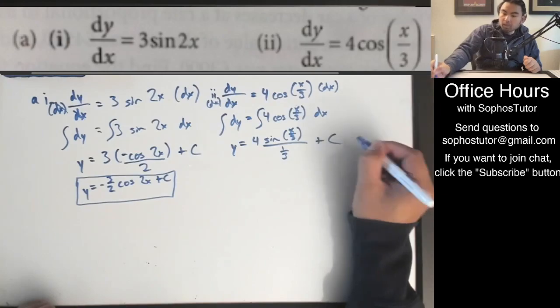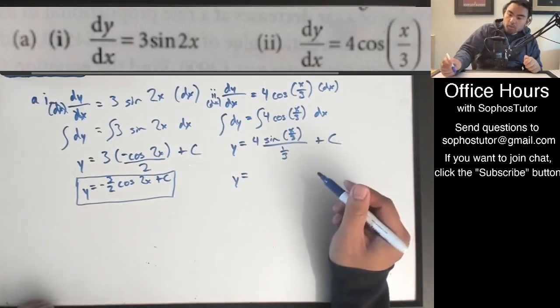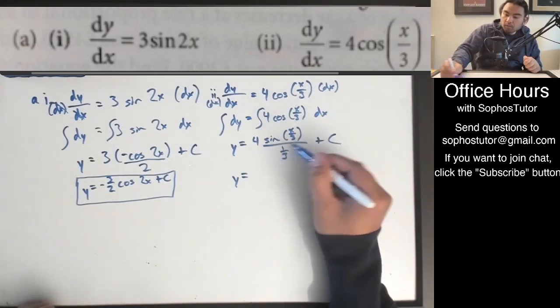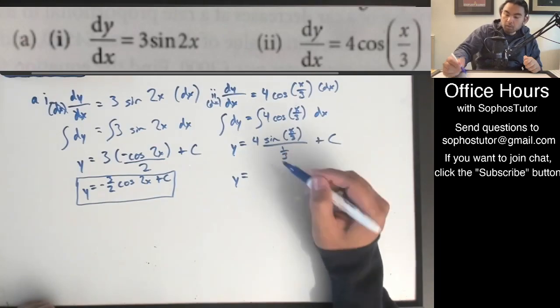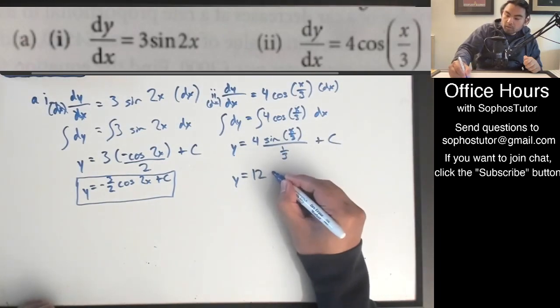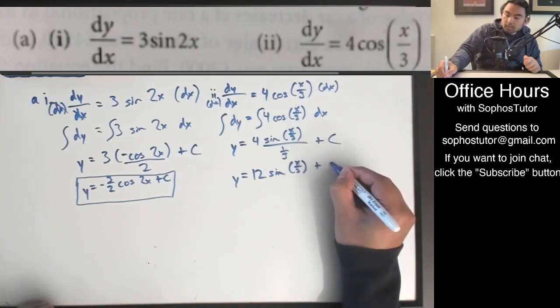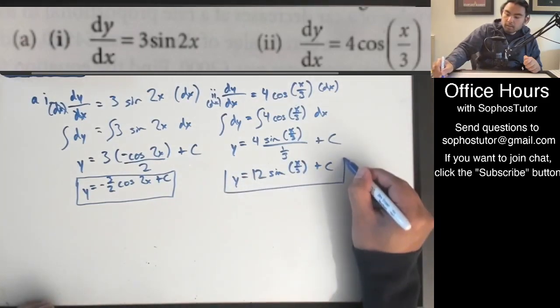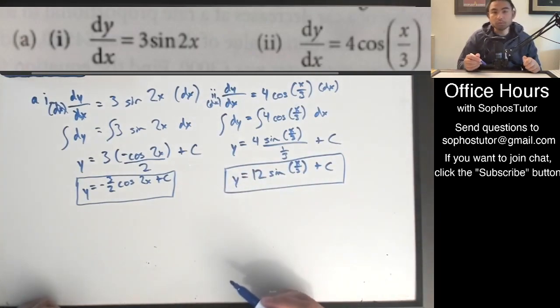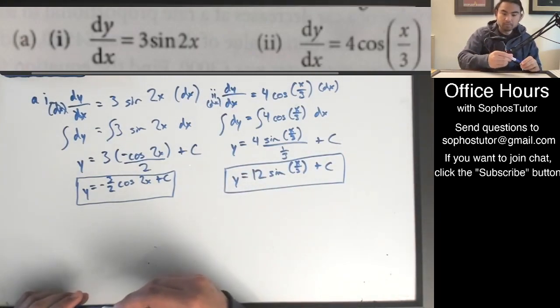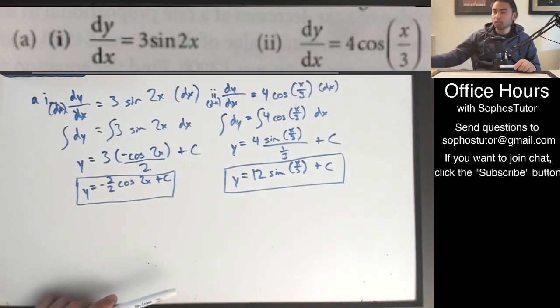Okay, plus c. And so therefore, y would equal, dividing by 1/3 is the same as multiplying by 3, so we should get 12 sine of x over 3 plus c. And this is our general solution. Okay, and so this is A2.